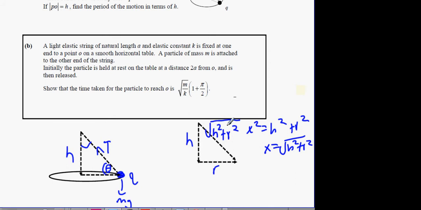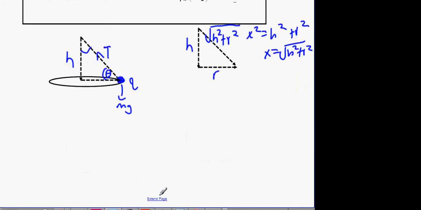So two main formulas when you're doing these questions. The main formula is what goes up equals what goes down. The tension T has two components: a component going up, and a component going inwards on the motion.